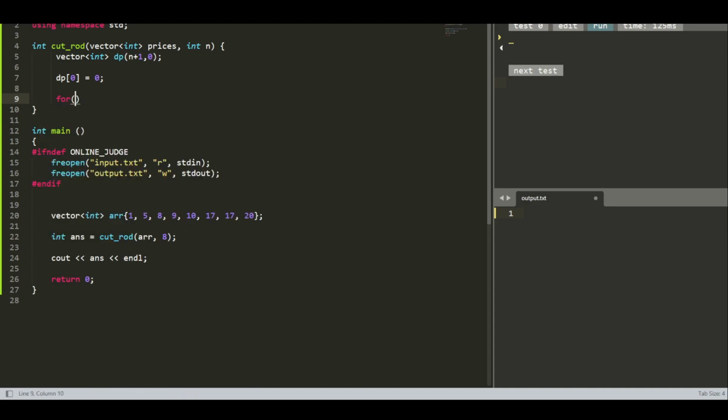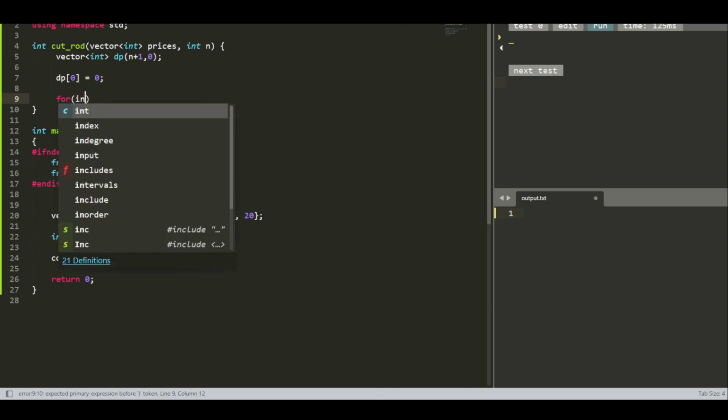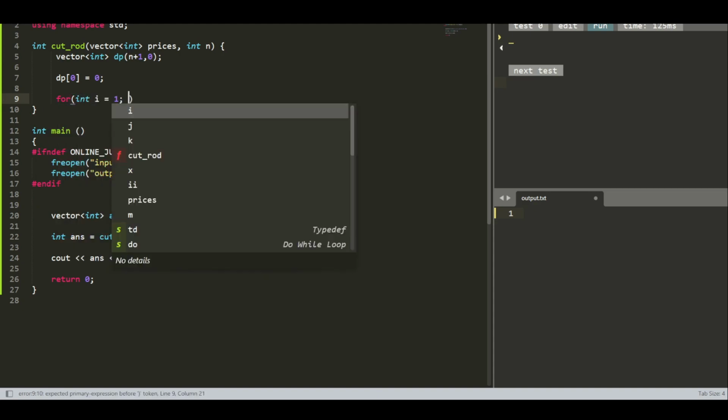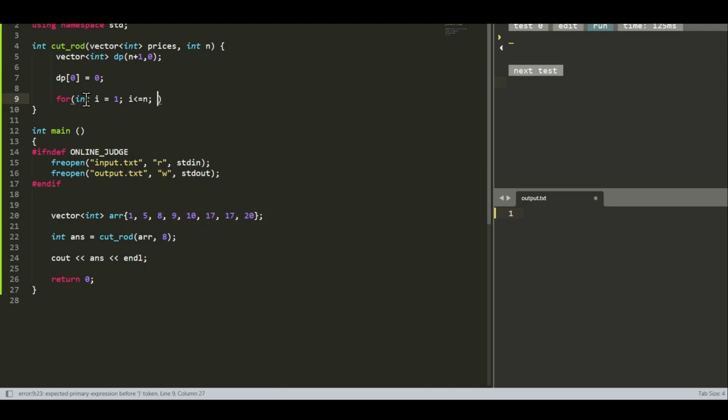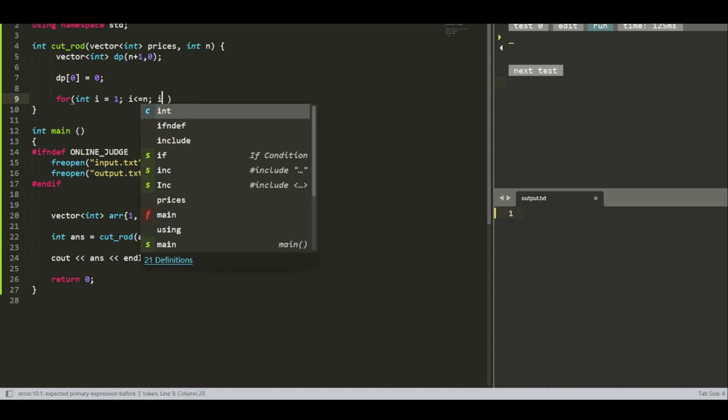And we say that for int i equals 1 till n, because i is representing the size of our rod. Initially we will solve for rod of length 1, then rod of length 2, then rod of length 3, and so on till rod of length n. So it will be i till n and then i plus plus.